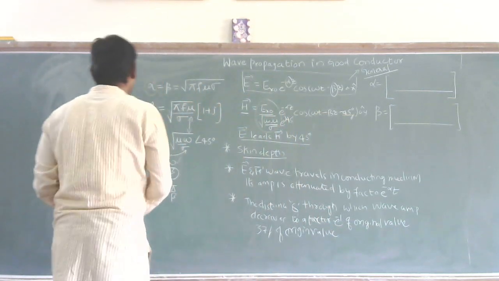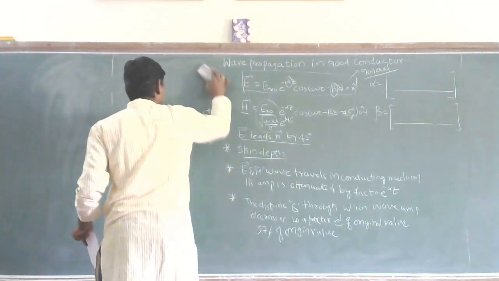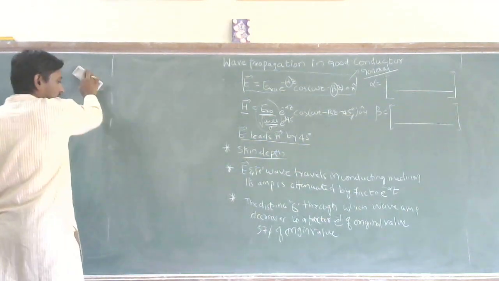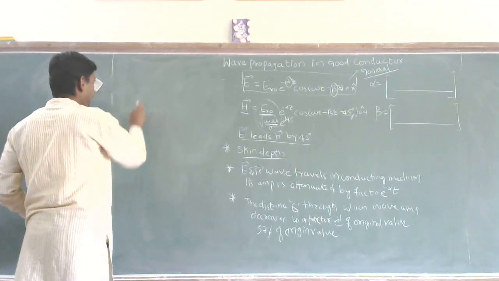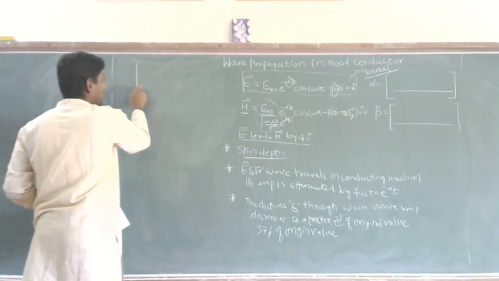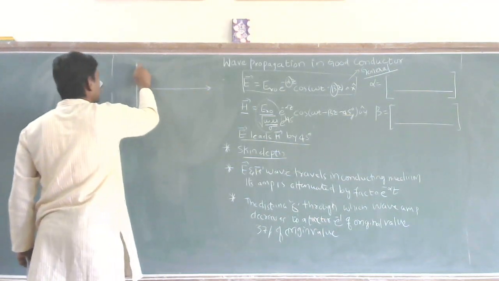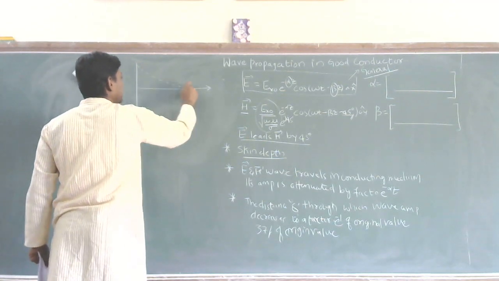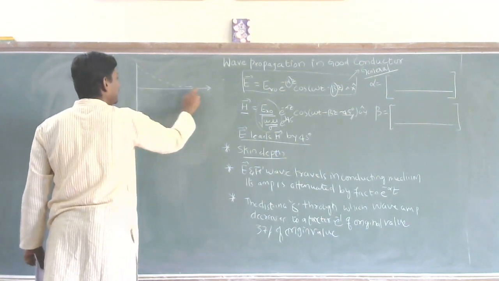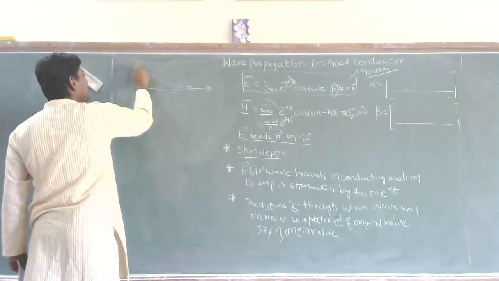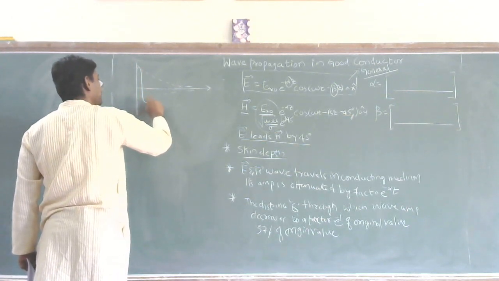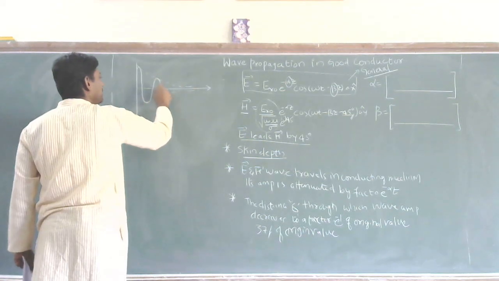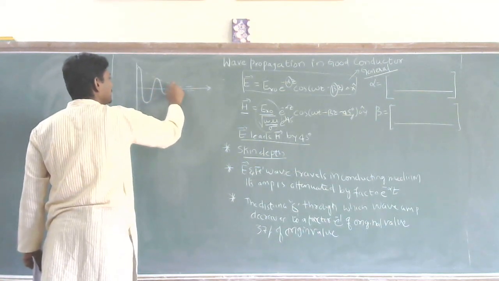What I want to say is, we know that these waves, as they propagate through this conducting medium, their amplitude attenuates. It's an exponentially decaying sinusoidal variation.